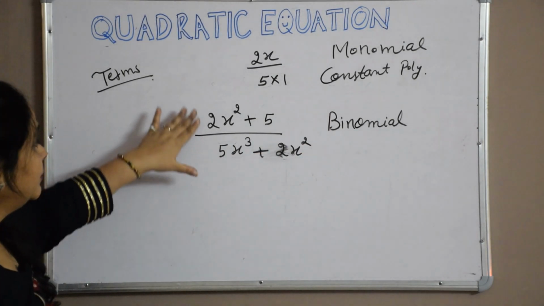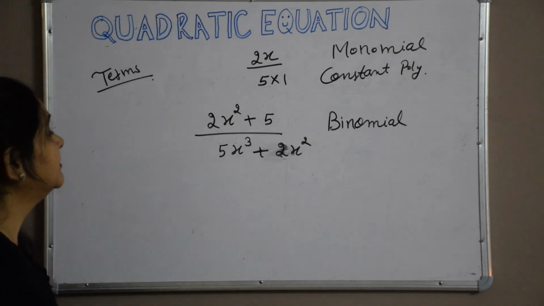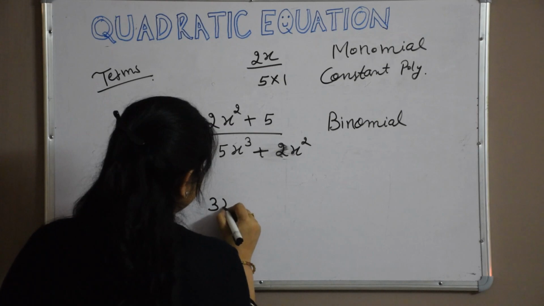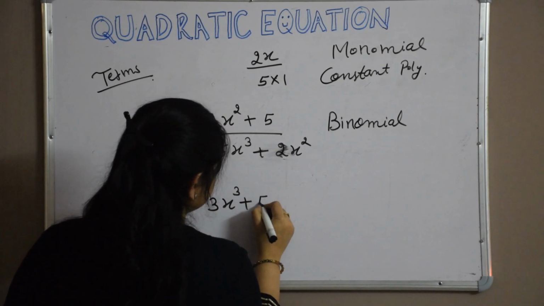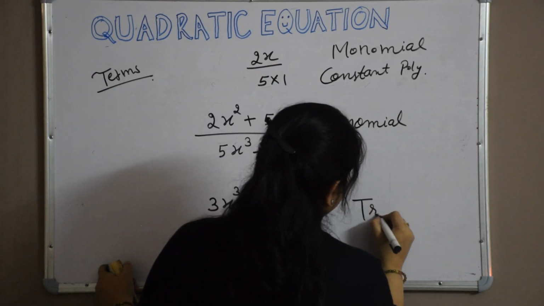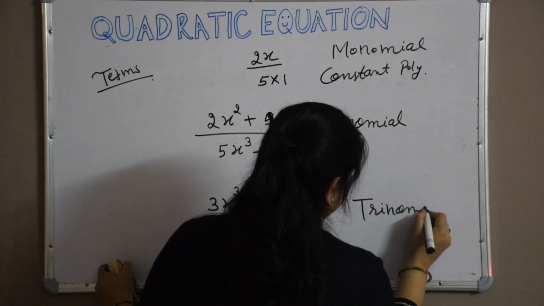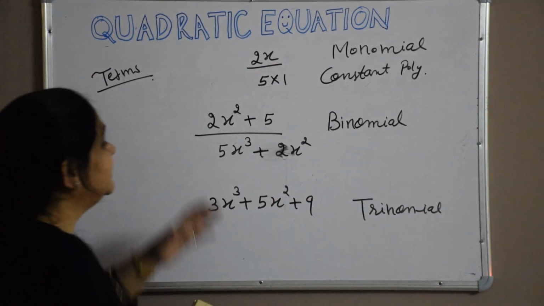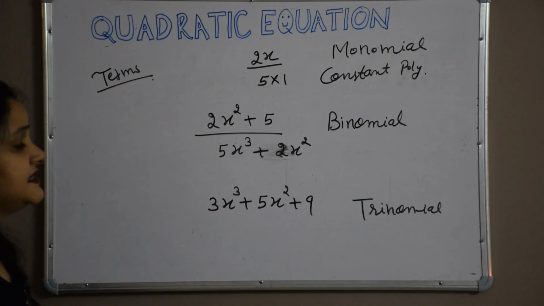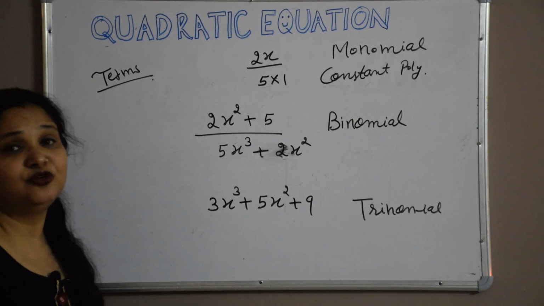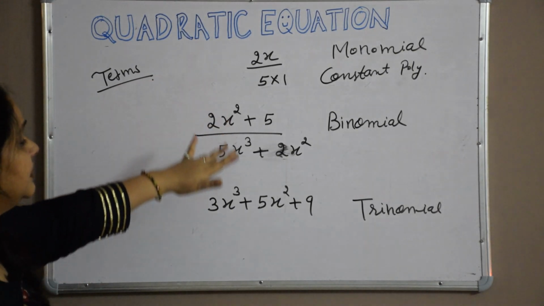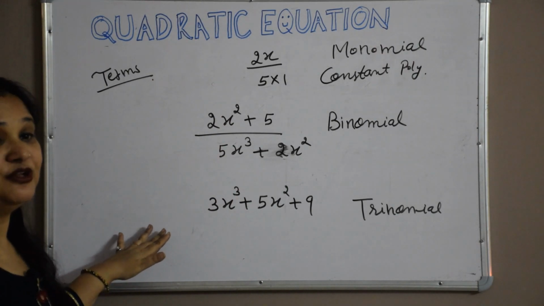So there are two terms in these, so these are called binomial. And if we are having three terms, this is called trinomial. Similarly, these are specific names. Otherwise we can say a polynomial of n terms, polynomial of 7 terms. Specific names are only for these types of polynomial.